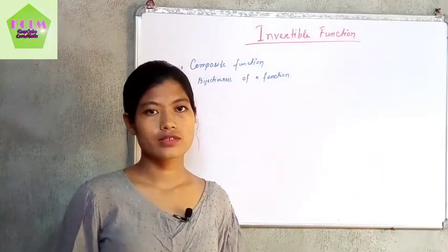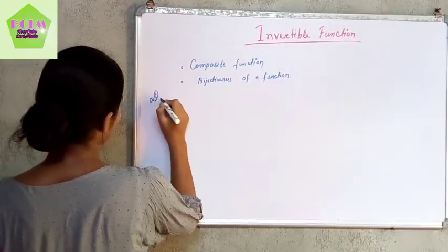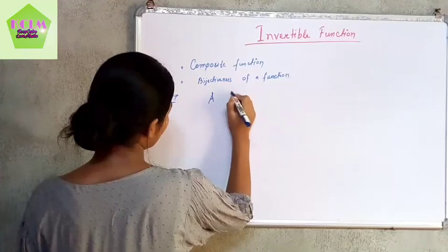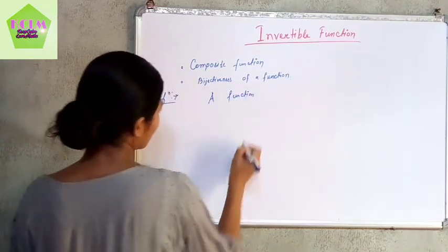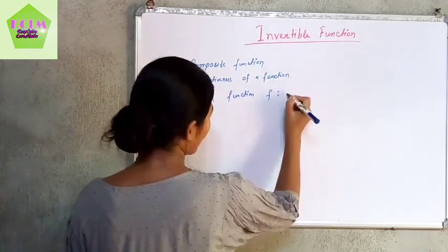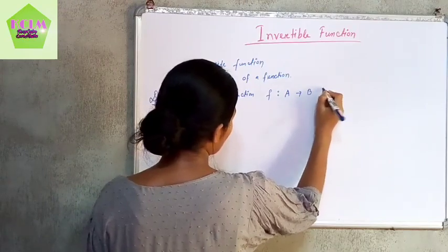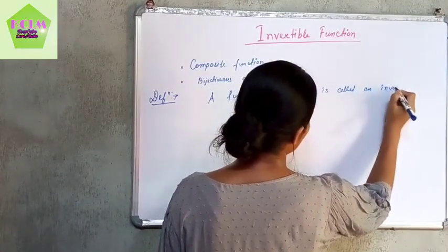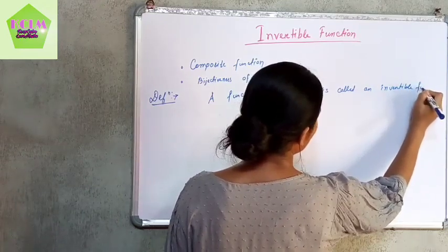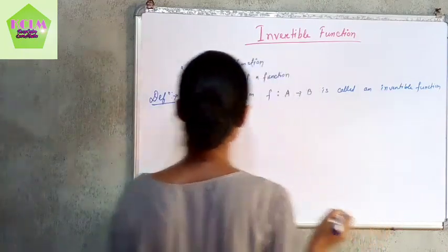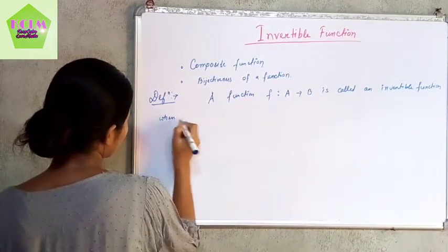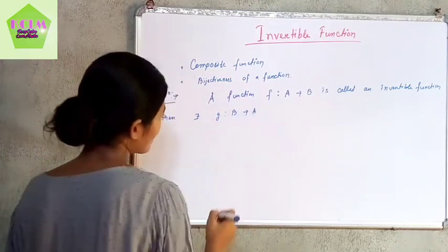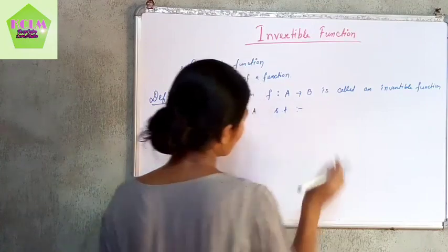So the definition of an invertible function is: suppose the function f from A to B is called an invertible function when there exists another function g from B to A such that we have two conditions.